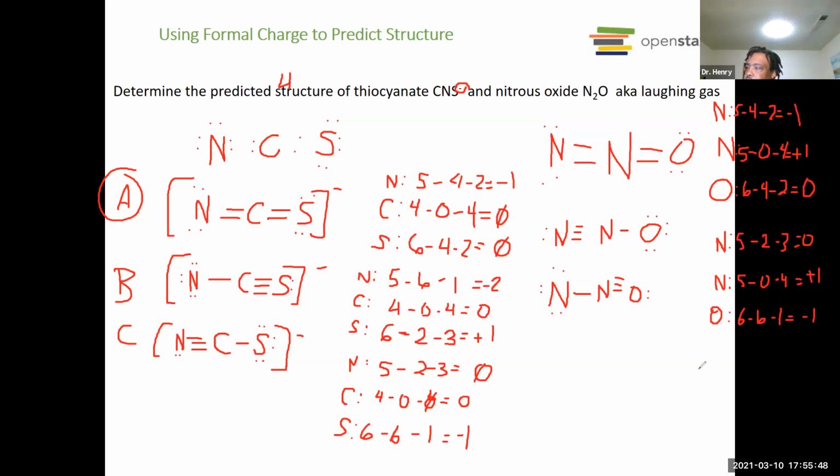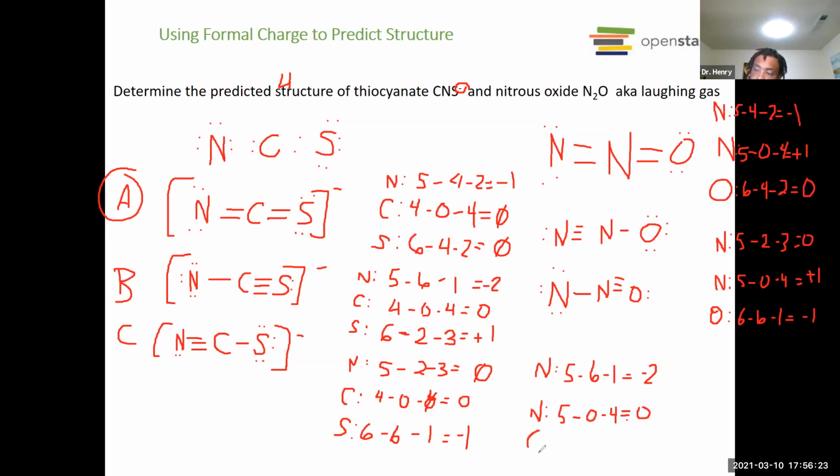And then the last possibility is for this guy, which is we have 5 minus 6 minus 1, which equals -2. We have nitrogen in the middle, which is going to be 5 minus 0 minus 4, which equals 0.